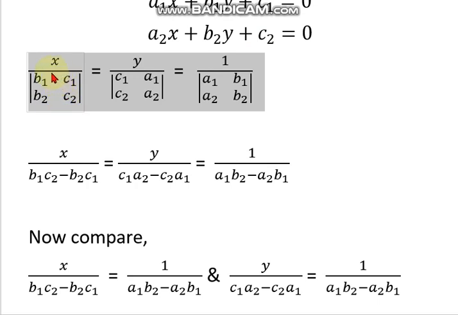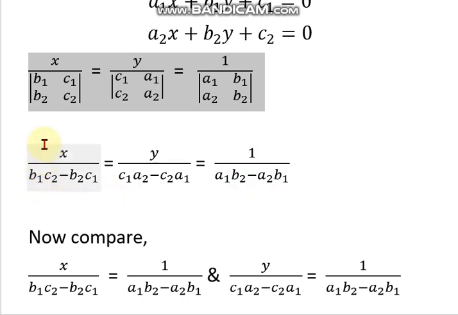So what we will do is b1 multiplied by c2 minus b2 multiplied by c1, b1 c2 minus b2 c1, equals y upon, now again the same thing, c1 multiplied by a2, so c1 a2 minus c2 a1, equals 1 upon a1 b2 minus a2 b1.